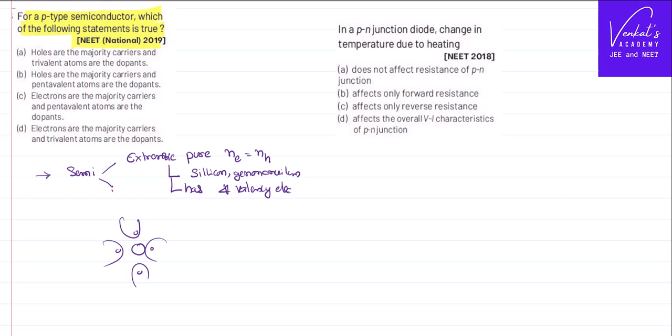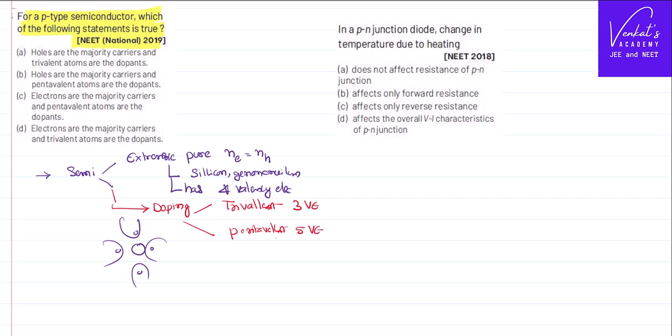Now, as we cannot heat up materials every time, people have added some kind of impurity to the semiconducting material, called doping. Doping can be done in two ways: you can add either a trivalent impurity or a pentavalent impurity. Trivalent means 3 valency electrons, pentavalent means 5 valency electrons.